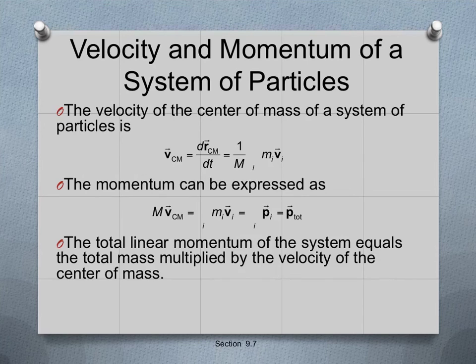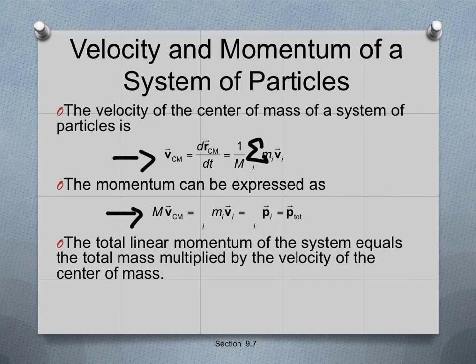In the first part, for the velocity of the center of mass, we know that we can just take the derivative of the position to give us velocity. Or I could say that's equal to 1 over the total mass times the sum of the mass times each of those individual velocities. If I want to think about momentum, then the momentum is equal to the total mass times the velocity of the center of mass.